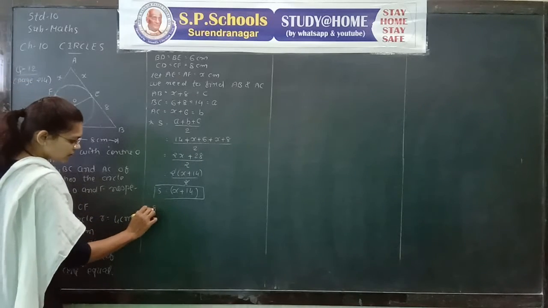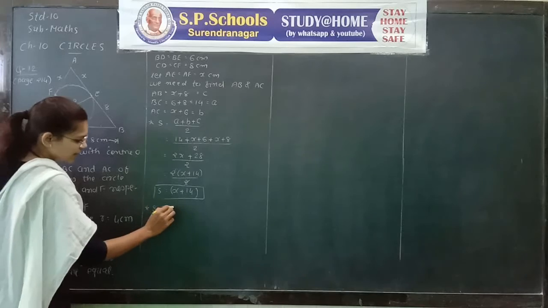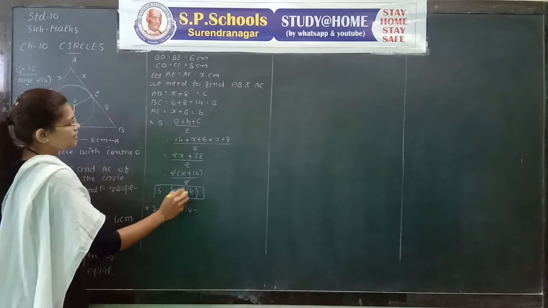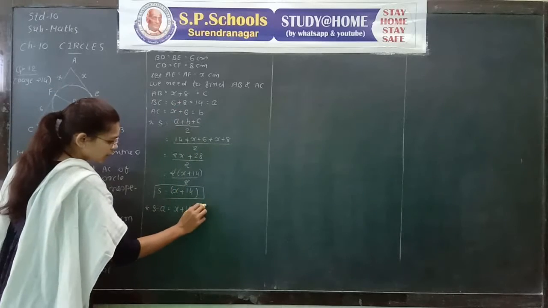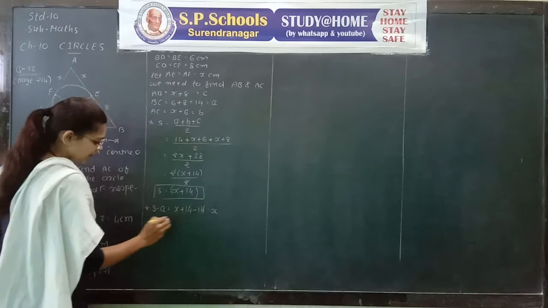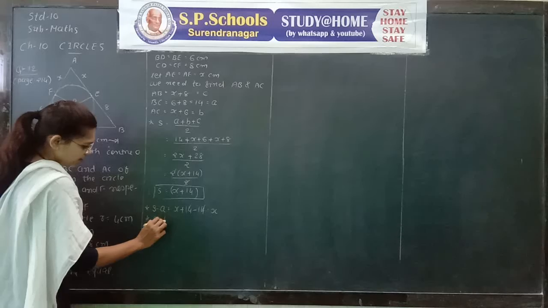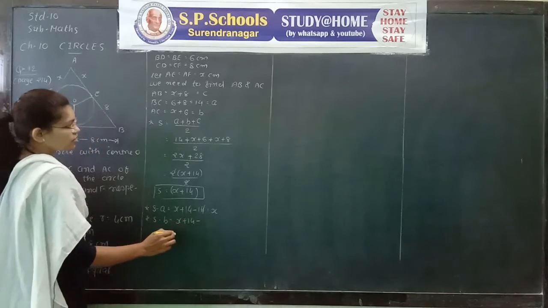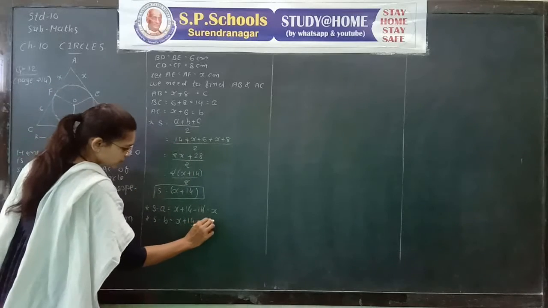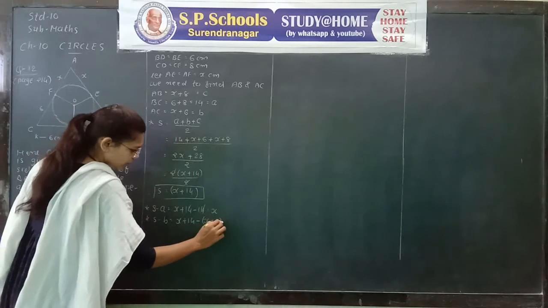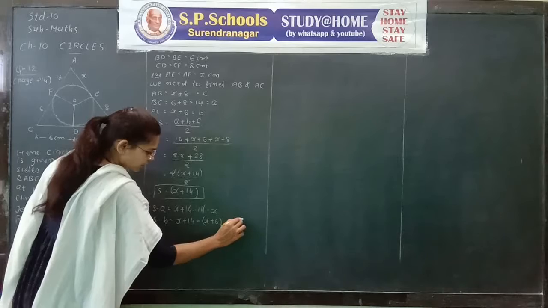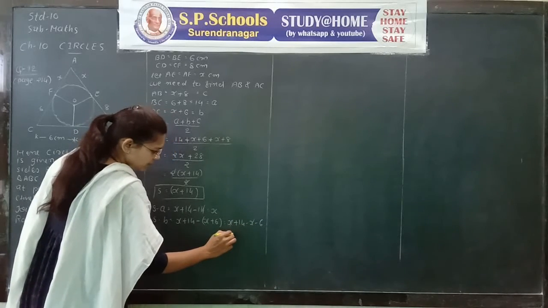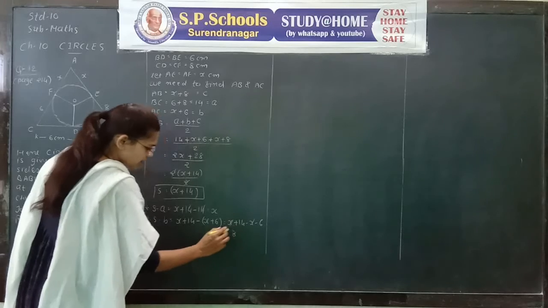Find s minus a. s is equal to x plus 14 minus a. a is equal to 14, so 14 minus 14 cancels and we get x. s minus b. s is x plus 14 minus b. b is equal to x plus 6. Open the bracket, x plus 14 minus x minus 6, x cancels. 14 minus 6 is equal to 8.